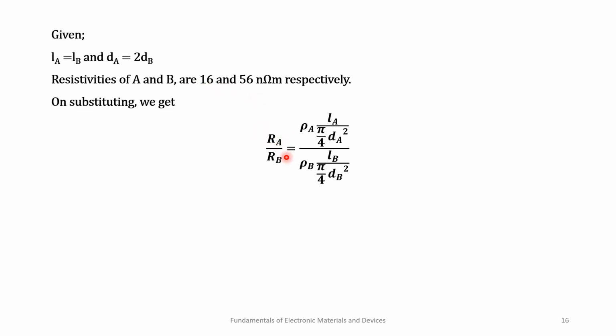Then while substituting for RA by RB, pi by 4 gets cancelled, LA and LB get cancelled. Then dA we have to substitute as 2 times dB, so dA square is 4 times dB square. So it will be 0.0714 for RA by RB. So I hope everyone got the answer on how to do this. I hope it's clear. I think we can move on to the next.